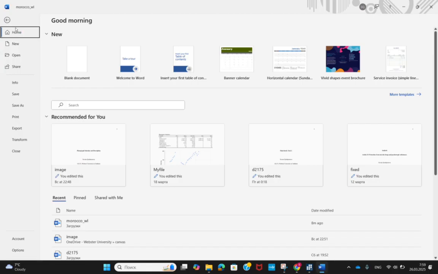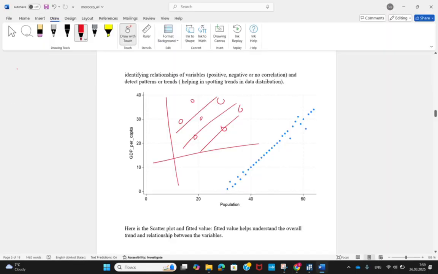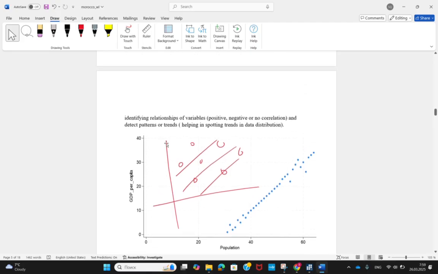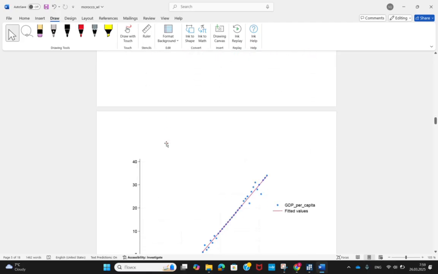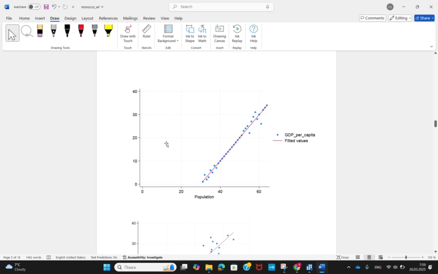This is our result. Here you may see the GDP per capita in fitted values. We always get the result around this area. This is positive.